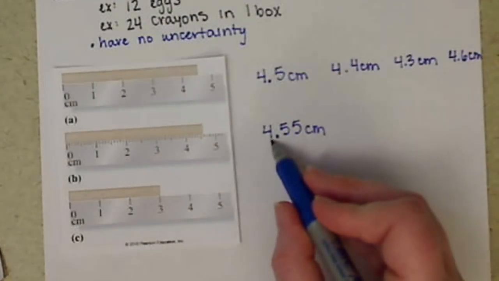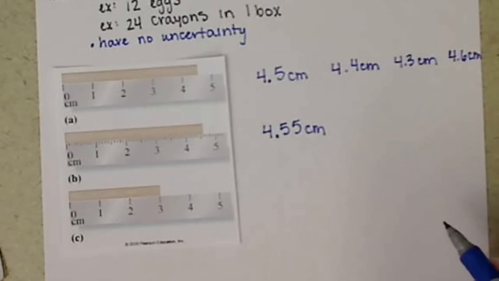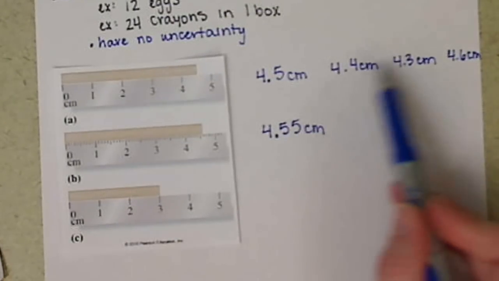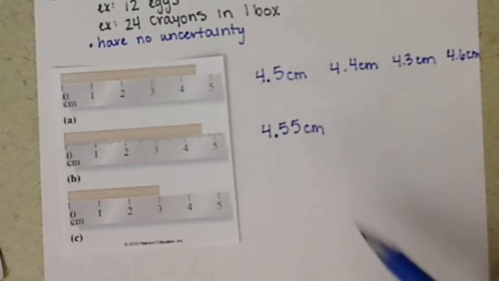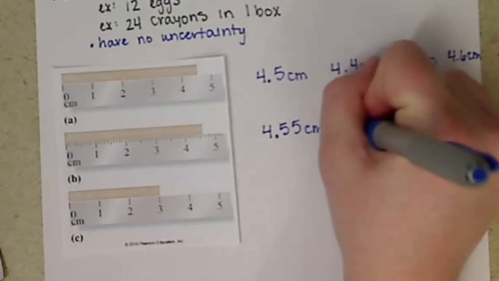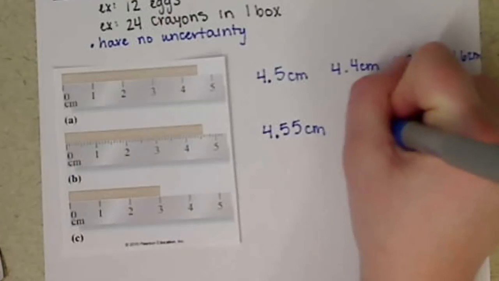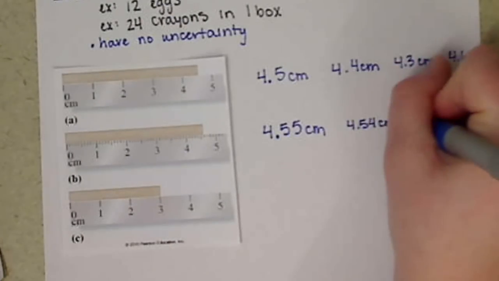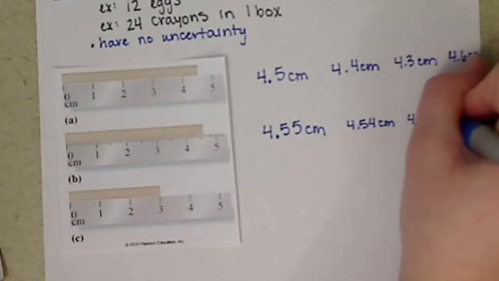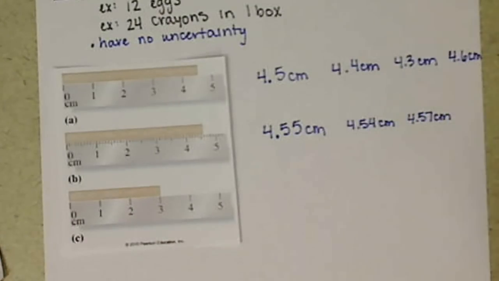Now these values can vary as well, just like they did in this last digit. So appropriate measurements could be, say, 4.54 centimeters, 4.57 centimeters, and that last digit can vary.